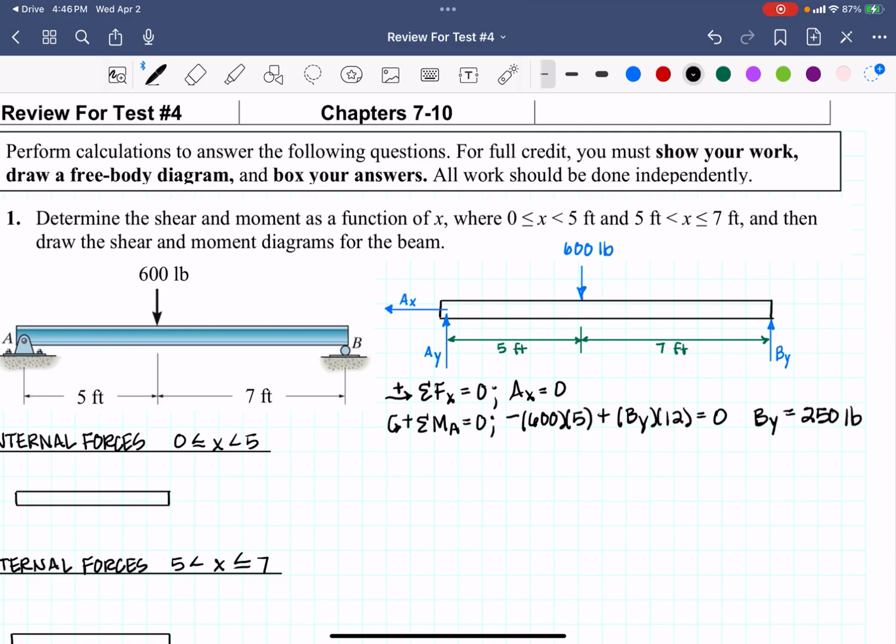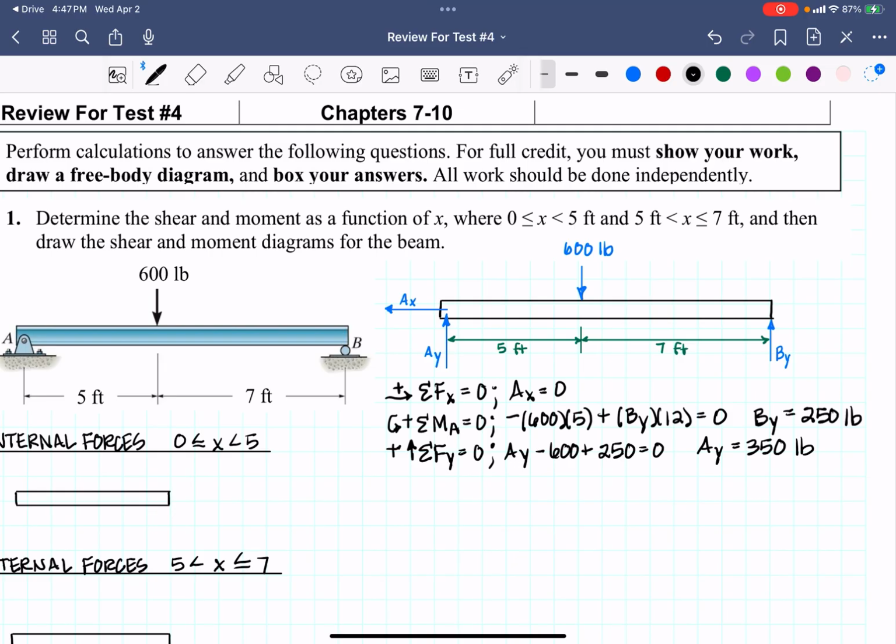Now I'm going to find A of y by summing the forces in the y direction. And I'm going to have A of y minus 600 plus 250 equals 0. So I'm going to get that A of y equals 350 pounds, also upward.